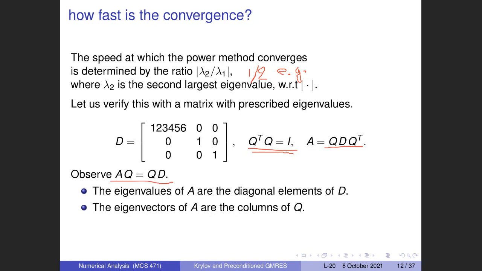A times the columns of Q equals the multiples of the columns of Q. So we have eigenvectors that are unit vectors. We have already an orthonormal basis of the column space of A, and we have eigenvalues that are prescribed.